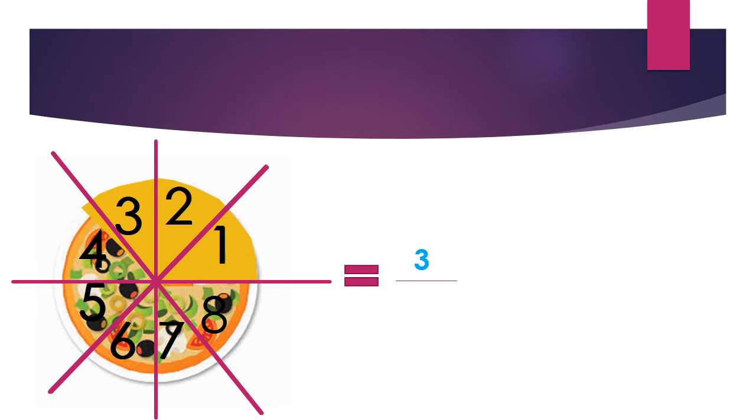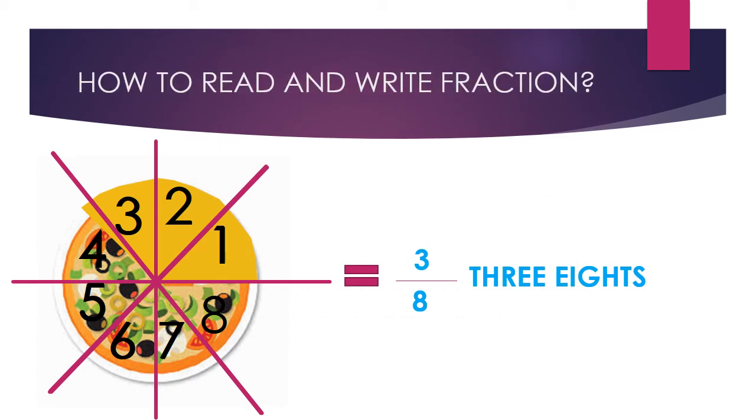If I have a pizza and I cut it into 8 pieces and I ate 3 pieces of the total, which is 8, so the numerator here is 3 and the denominator here is 8. So 3 eighths.